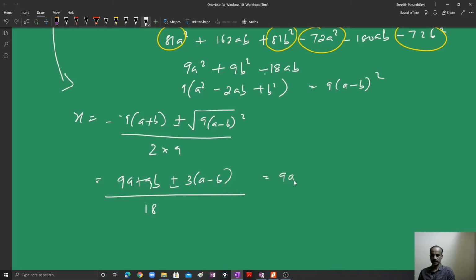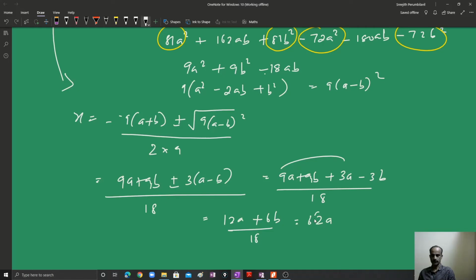First case: 9a plus 9b plus 3a minus 3b divided by 18. 9a plus 3a, that is 12a plus 6b divided by 18, 6 is taken outside, so 2a plus b divided by 3.